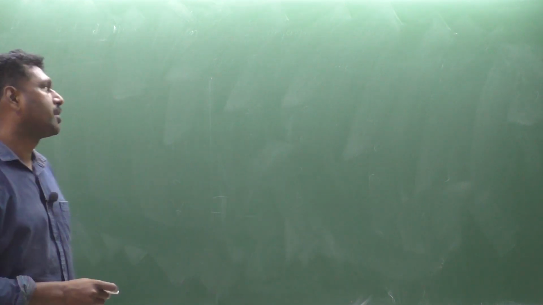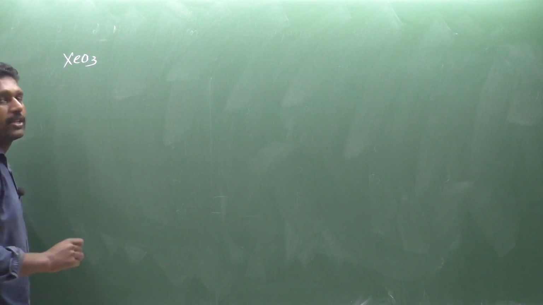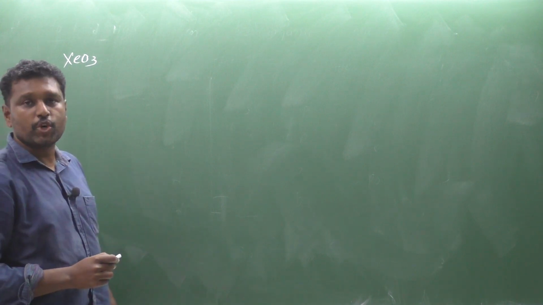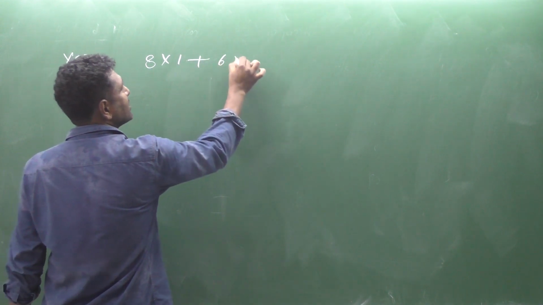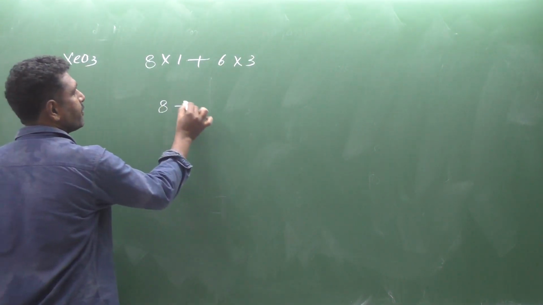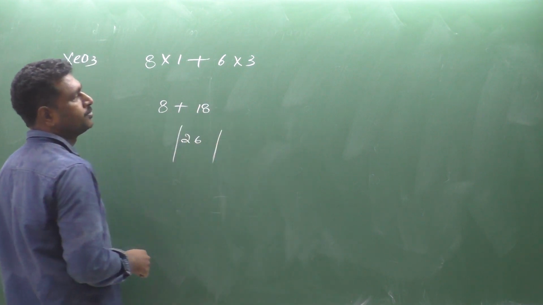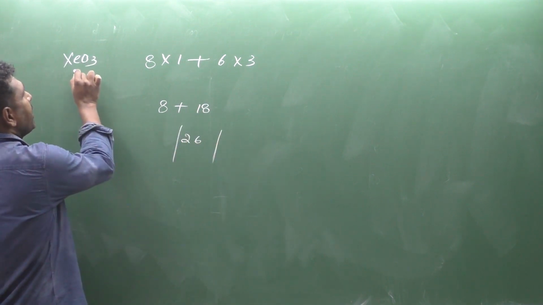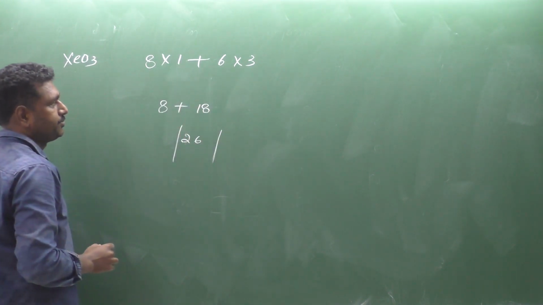Next one, XeO3. Xenon belongs to which group? 8th group. Therefore, 8 into 1 plus 6 into 3: 18 plus 8, 26.